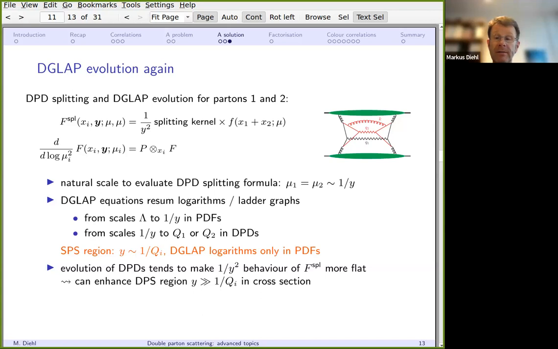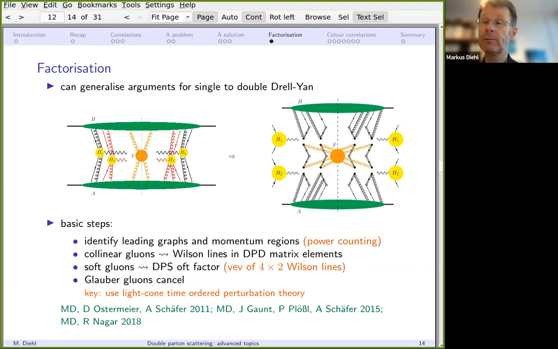So let's leave that where it is and come now to something which I promised Will last time to show you at least a slide on. And that's going back to the theoretical underpinning of all this, which is the factorization formula. So here's a sketch of what can be done.